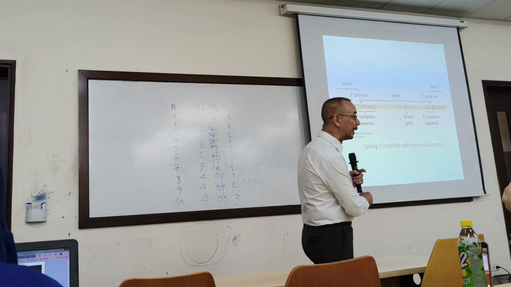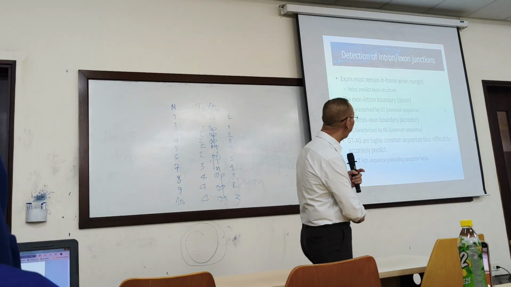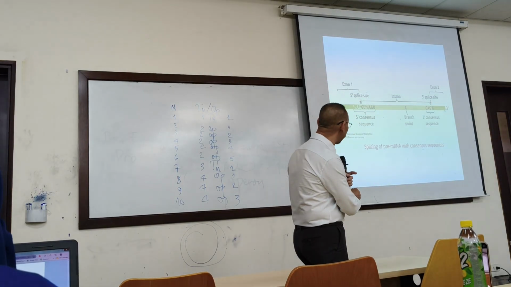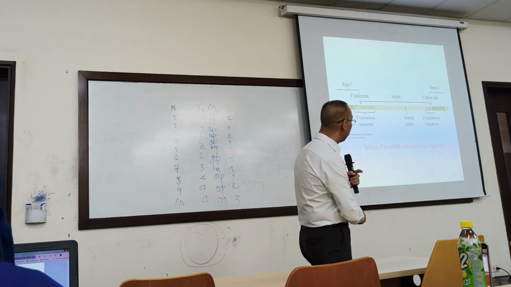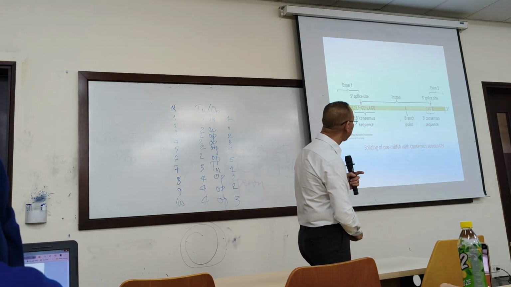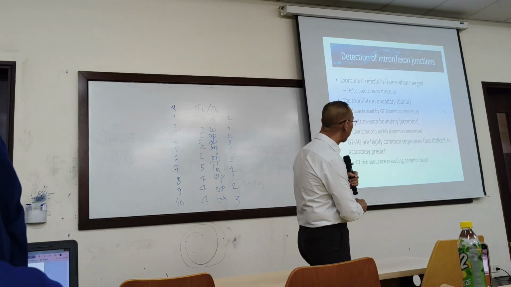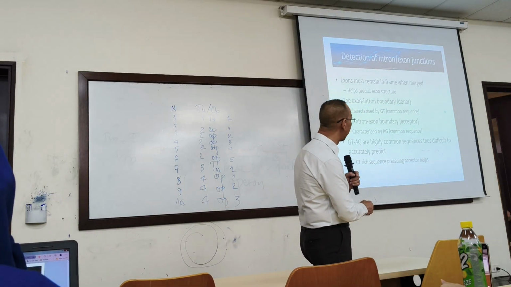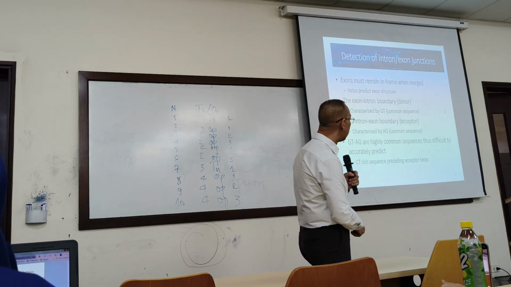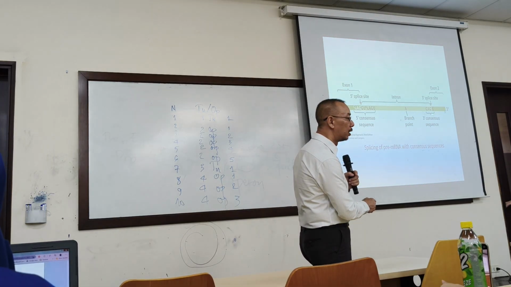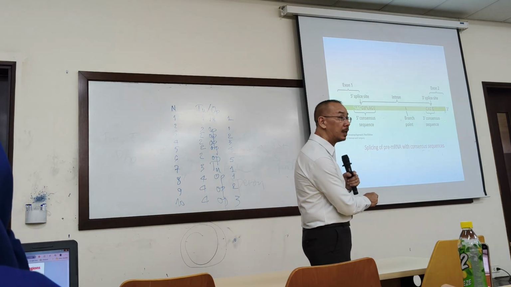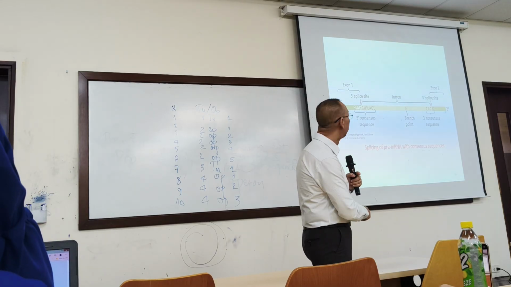GT is present in the intron, not the exon, remember that? And then the intron is also next to the following exon, which we call the intron-exon boundary, and this one is the acceptor. The acceptor is characterized by AG, okay? And AG is also present in the intron.